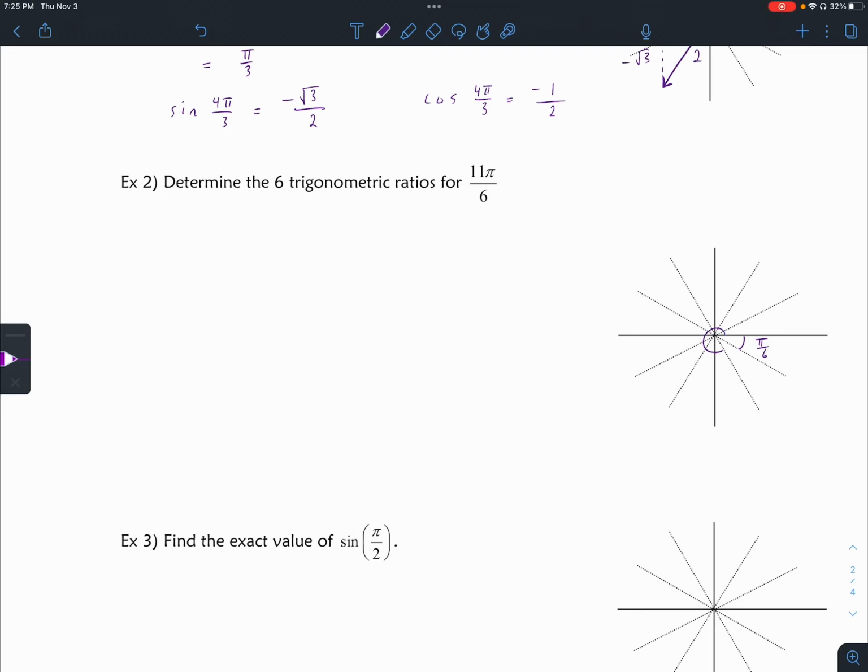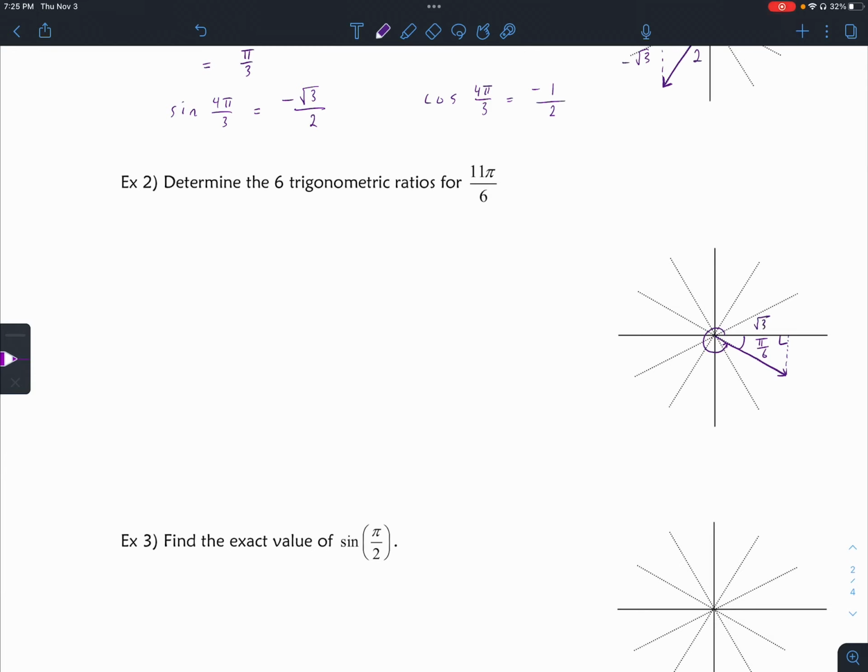And so the principal angle is that. Drawing the terminal arm here, that's what the terminal arm is going to look like. Remember, you always draw towards the x-axis, never towards the y-axis, when you're constructing the right triangle. Now labeling these, this is a special triangle.